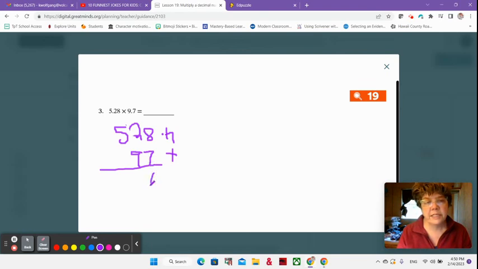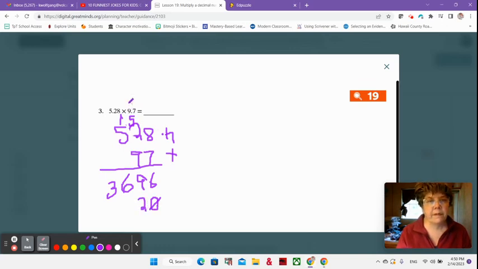Okay, so 7 times 8 is 56. Hopefully we're learning that times table. Carry the 5. 7 times 2 is 14 plus 5 is 19. Carry the 1. 7 times 5 is 35 plus 1 is 36. Now don't forget, we need to have our magic 0 here every time we multiply when we go to our tens place, because it's like multiplying by tens, right? 9 times 8 is 72.